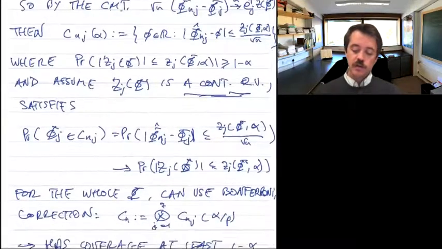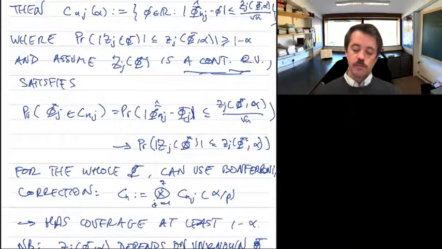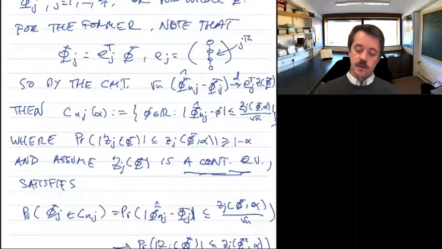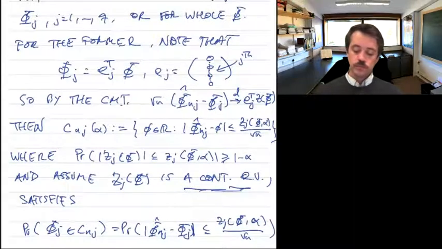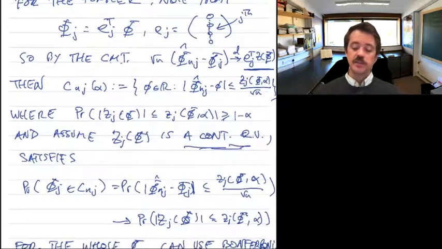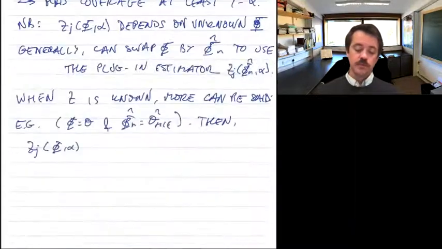So this Zj is, as we were saying, just the jth coordinate of the Z. Maybe check this yourselves: if you're looking at the MLE, then the Z is going to be a normal distribution.